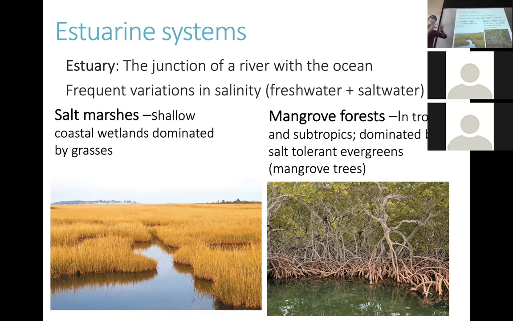So if the tide's moving in, it'll bring more salt into the estuary. If the tide is low, it'll be more fresh water inundating the estuary, and it'll be fresher. So these are kind of harsh environments as well. A change in salinity can be difficult for most organisms to survive, so you get a really unique community in these estuaries.